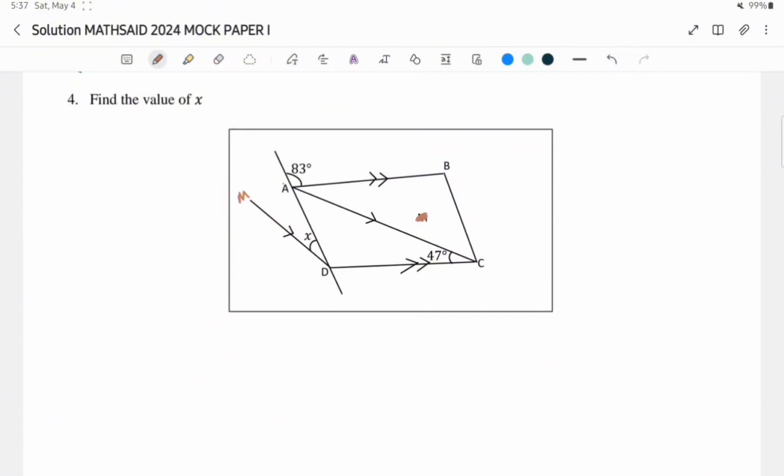So if we look at angle CAD given to us, which is 47 degrees, you'll see that it is alternate to the angle BAC. Angle CAD is equal to angle BAC because they are alternate angles. So this is, it is ACD, not CAD.